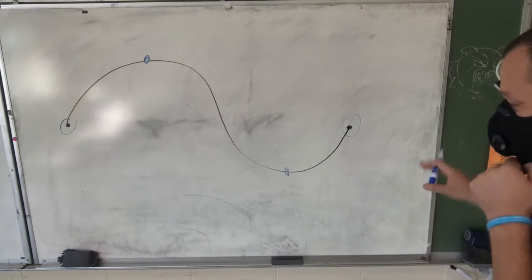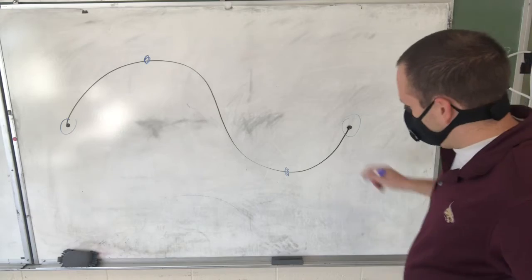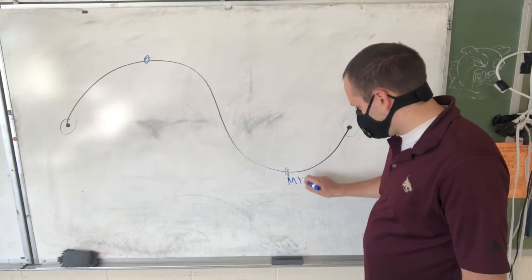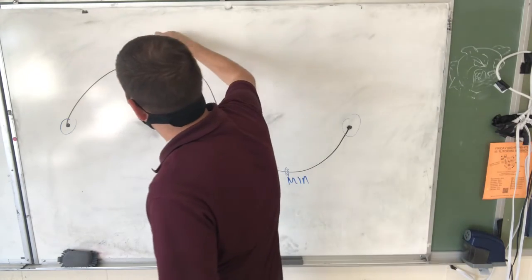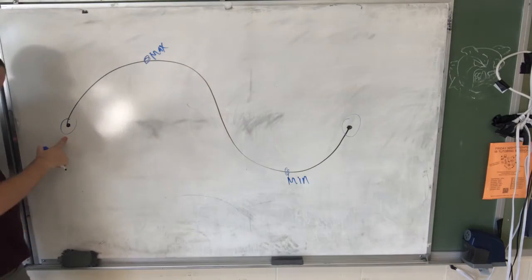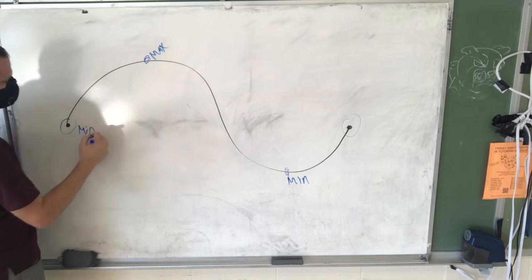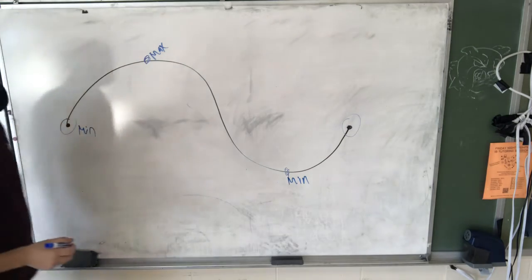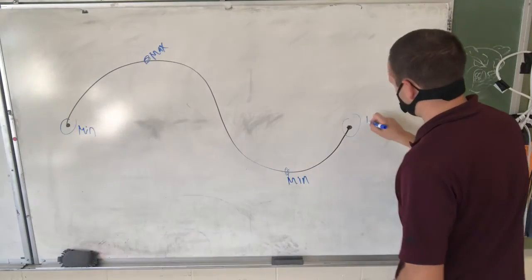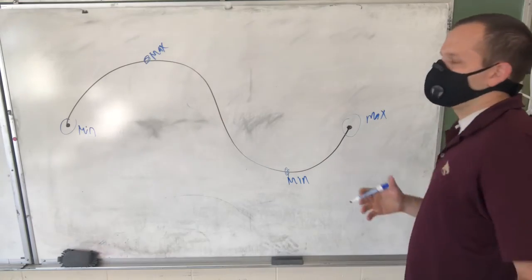Those are kind of some extreme points, okay? Down here, this is going to be a minimum. This is going to be a maximum. Over here, will this be a minimum or a maximum? This will be a minimum. Okay, it's going down. Over here, it's coming up, so this is going to be a maximum. Now I just need to go through and label which ones are relative and which ones are absolute.